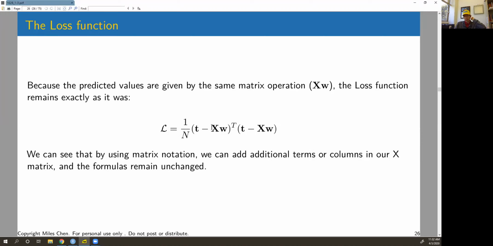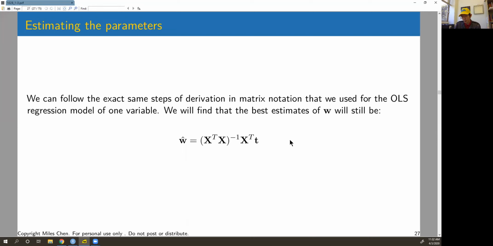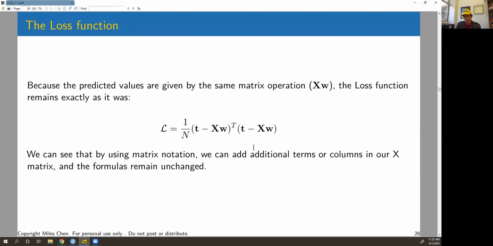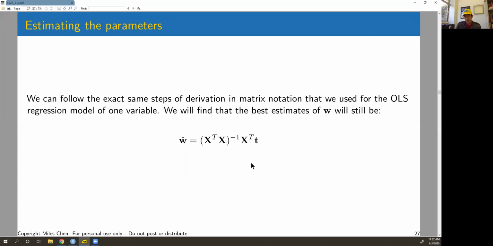Because this is exactly the same, we could use the same steps for solving for the W that will minimize our loss function, and we would arrive at the same exact solution of W hat being X transpose X inverse X transpose T. Whereas if we were to have written it out with partial derivatives, we would have to solve 3 simultaneous equations.